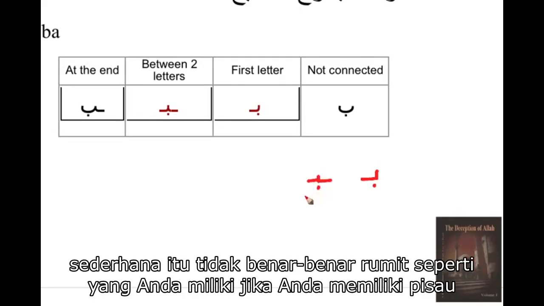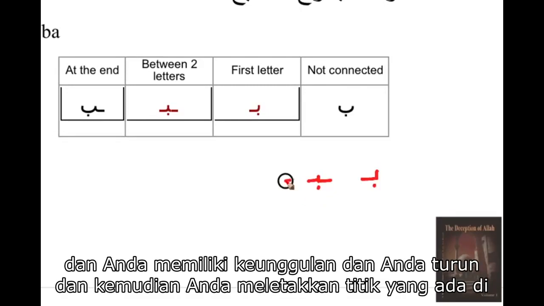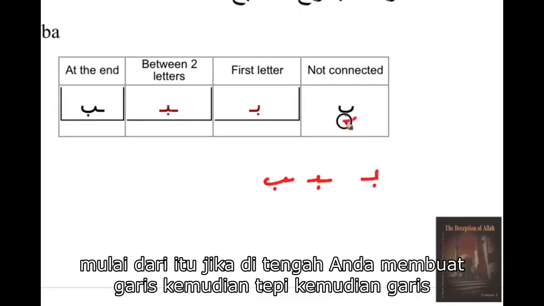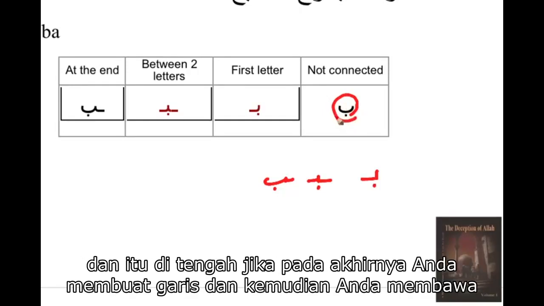It's not really that complicated. It is like you have a knife with an edge, and you go down and then you put a dot. That's in the beginning. Then if it is in the middle, you make a line, then an edge, then a line, and that is in the middle.